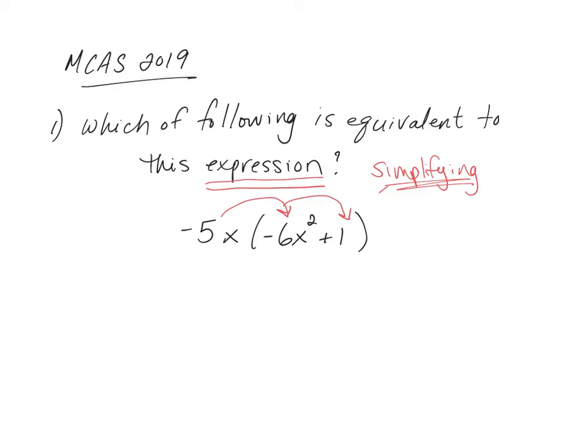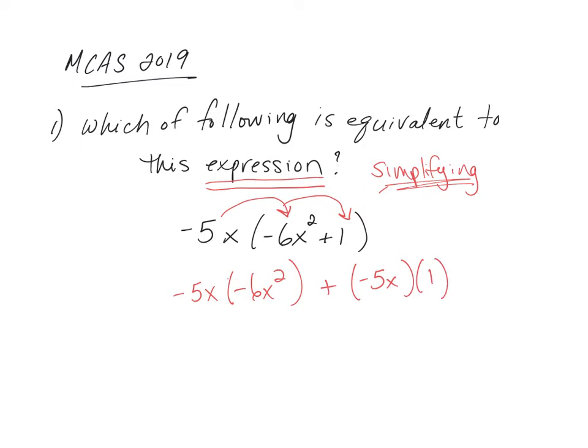Now there are two things to keep in mind here. First is that you have a negative 5x times a negative 6x squared, and then you have negative 5x times a positive 1.